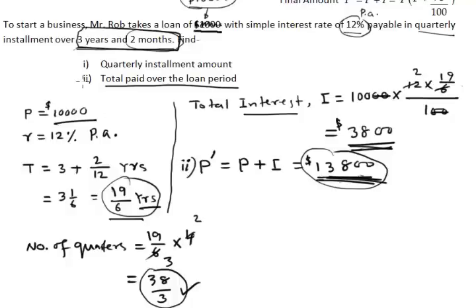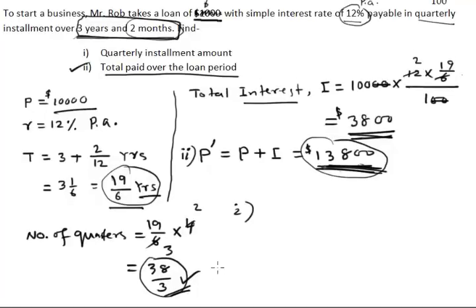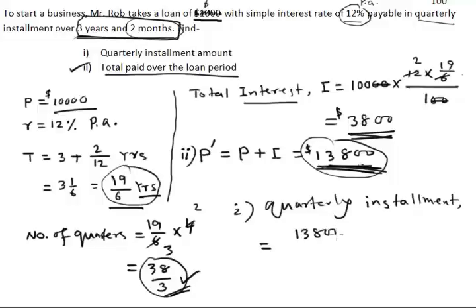So here we actually found the answer of the second question first, and now the first question's answer, the quarterly installment. This total amount of money will be paid over this many quarters. So the quarterly installment will be total payment divided by the number of quarters.